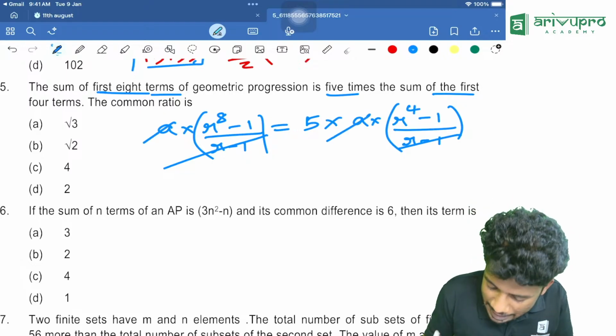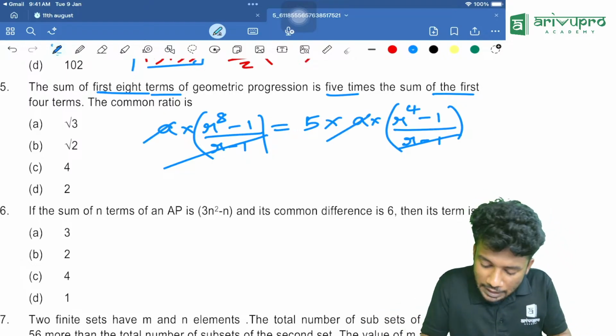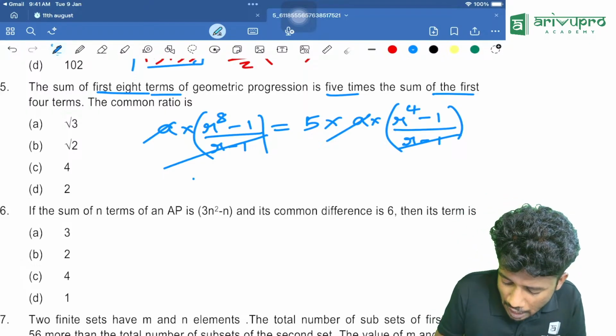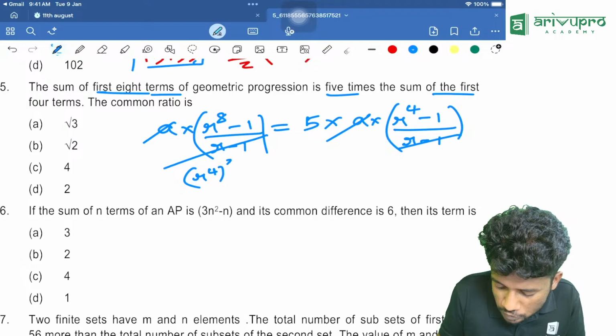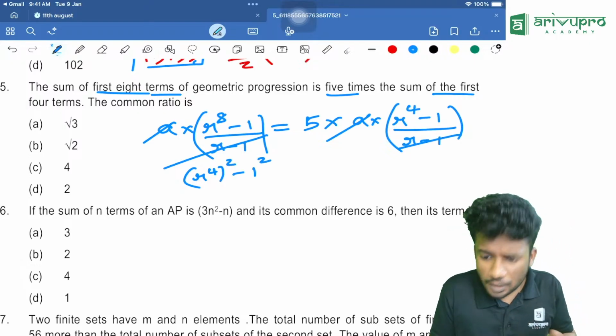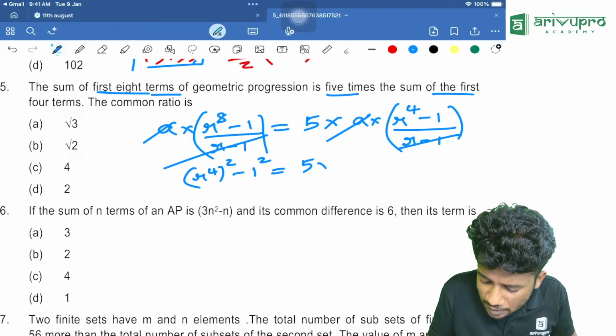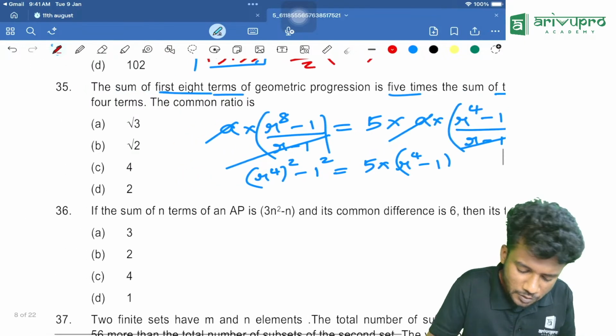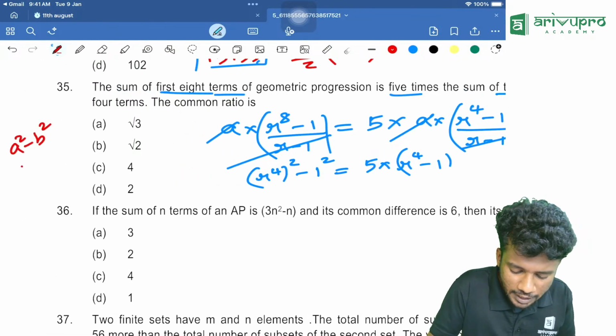So R minus 1 cancel. Then A cancel. Then what is remaining? Then can I write this R raised to 8 minus 1 like this? R raised to 4 the whole square minus 1 can also be written as 1 square, right? I can do that, which is equal to 5 into R raised to 4 minus 1. People, we know the formula A square minus B square. A square minus B square can be written as what?